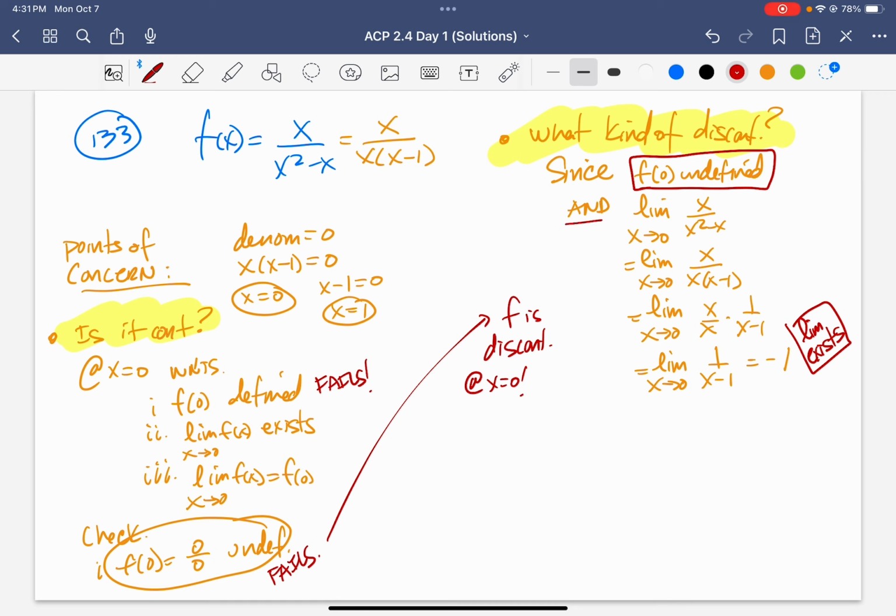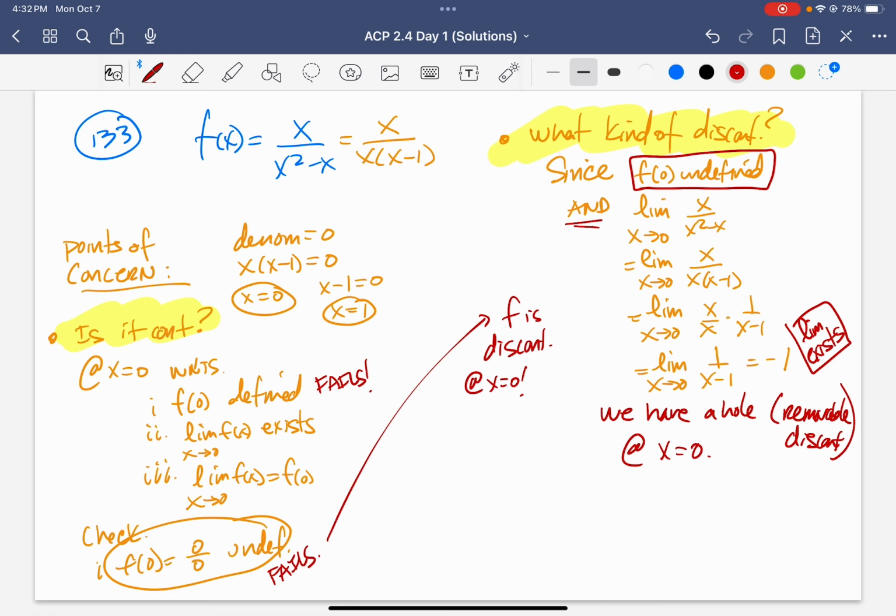So since this happens and this happens, we have a hole, a removable discontinuity at x is equal to 0. Okay, that's where the removable discontinuity is.